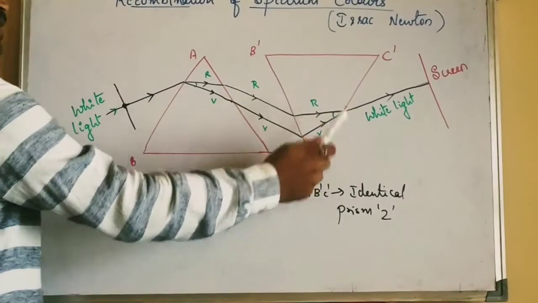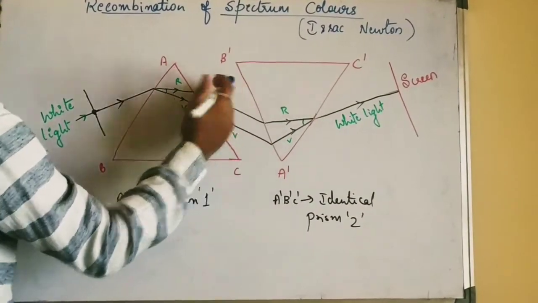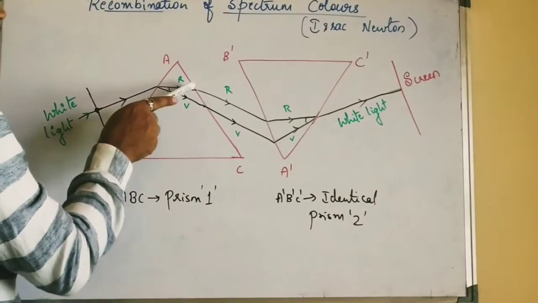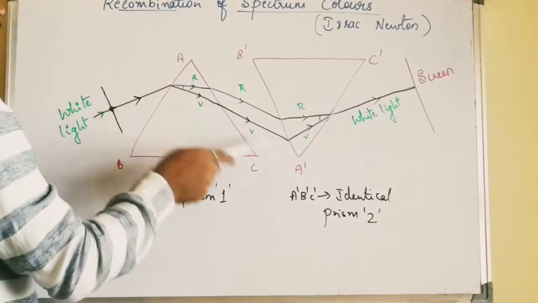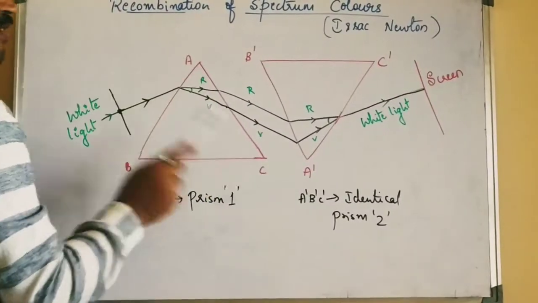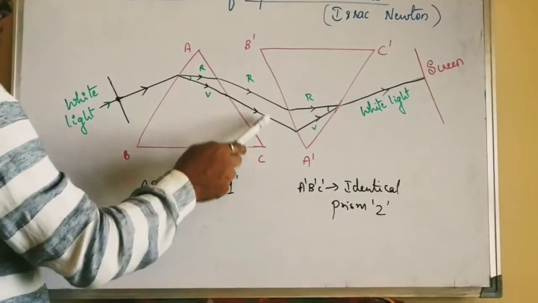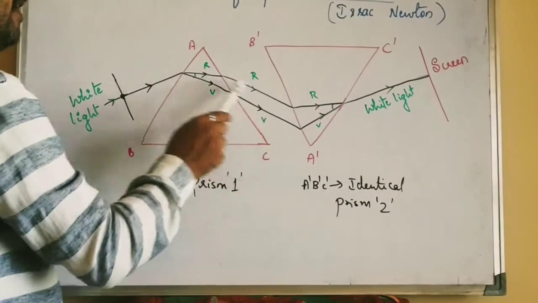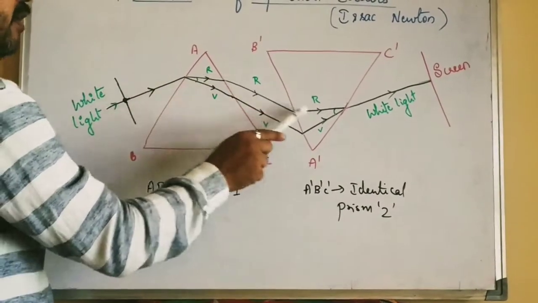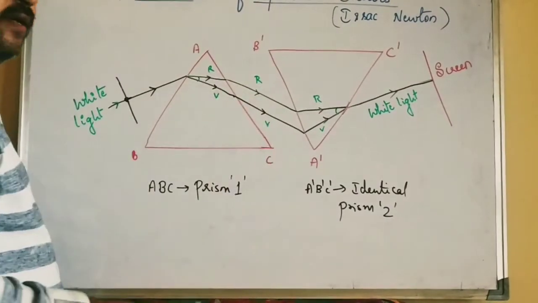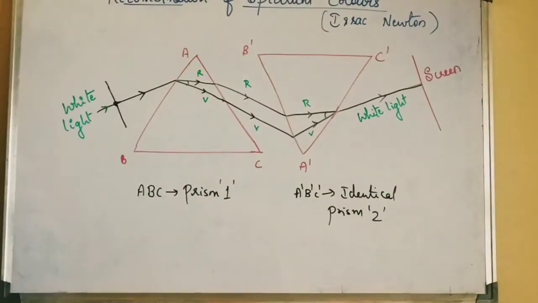Now, since the other prism is laterally inverted and kept in the opposite direction, very close to the first prism, the band of 7 colors that comes out of this face AC, all those 7 colors from violet to red, would travel in parallel lines, as you can see here. They traveled parallel and got incident on the face A dash B dash of the second identical prism.